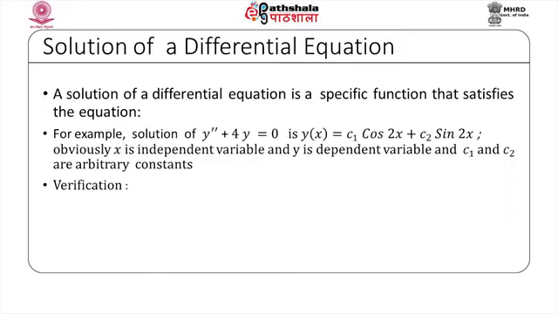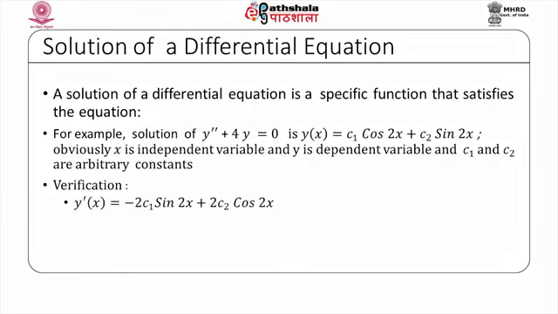If we want to verify that this is a solution, it is very simple: differentiate y, because we want to see that this y fits that equation. The equation is y double dash plus 4y equal to 0, and y is given by this function. So, differentiate y with respect to x. y dash is c1 as it is, the derivative of cos 2x is minus sin 2x, and the derivative of 2x is 2.